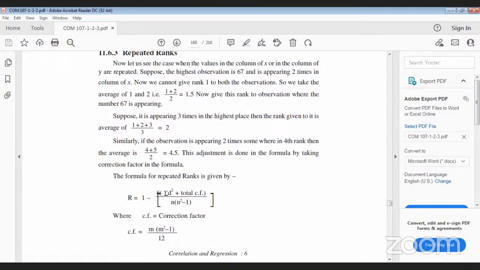CF means M into bracket M square minus 1, upon 12. This is the CF.